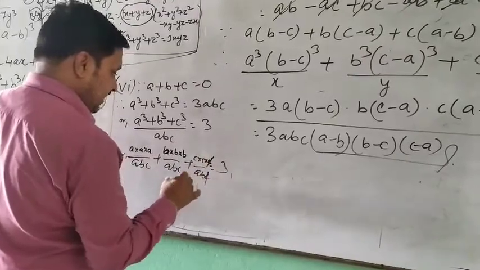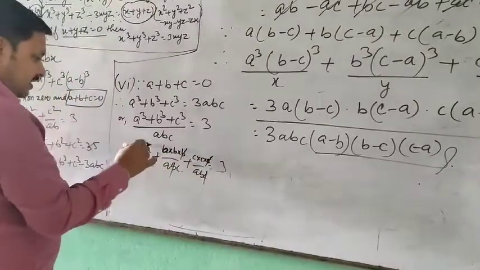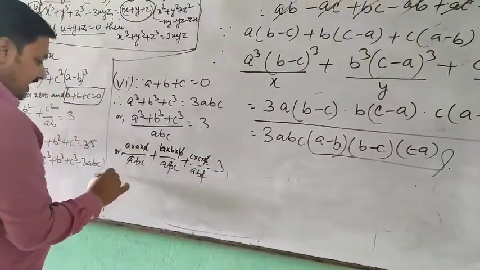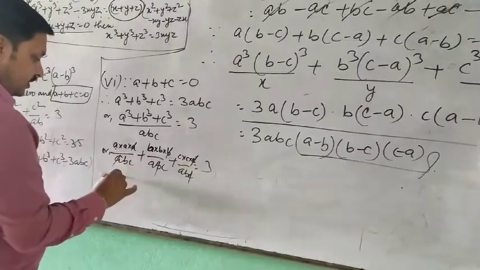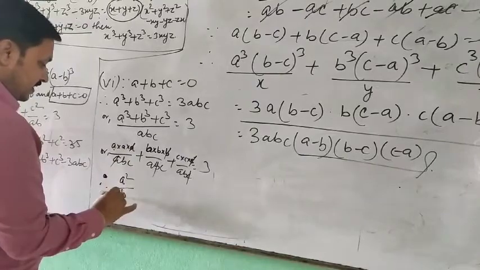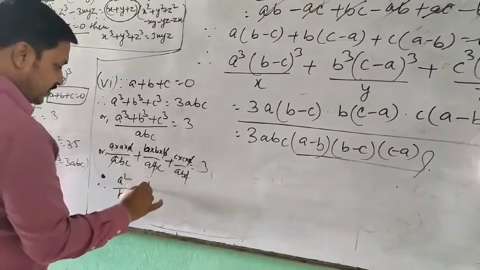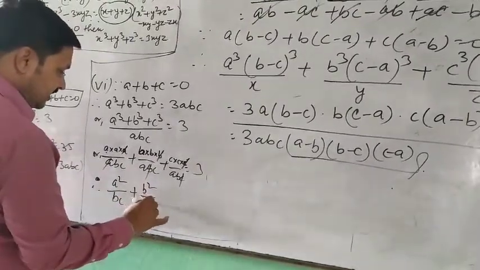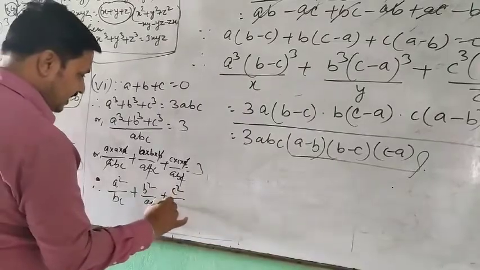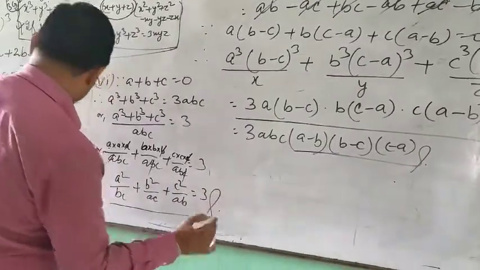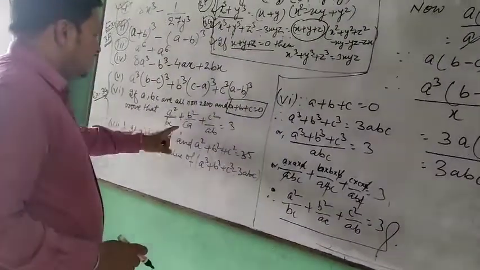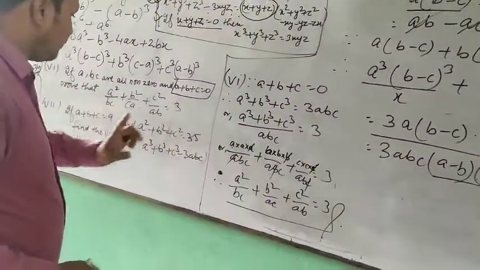C cancel, b cancel, a cancel. That means a into a square by bc plus b square by ac plus c square by ab equal to 3, and that's your result. Here we can prove that the value of this is equal to 3.